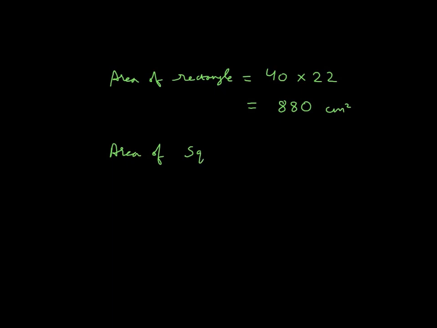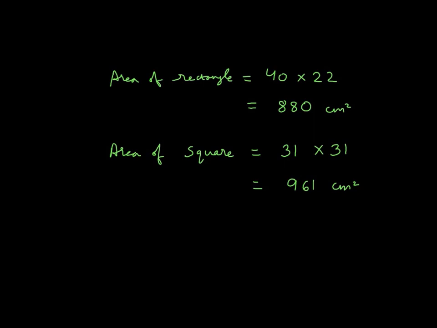and area of square will be side into side. Side we have found as 31 centimeter. So 31 into 31, which comes out to be 961 centimeter square.